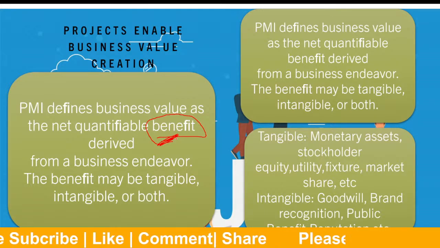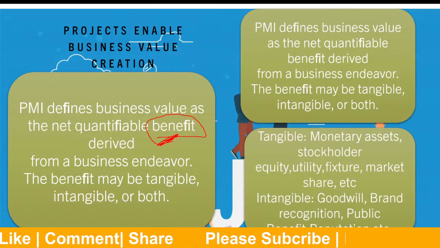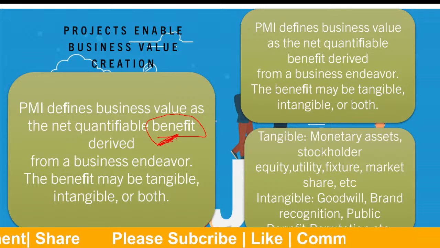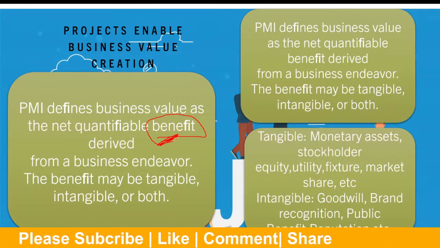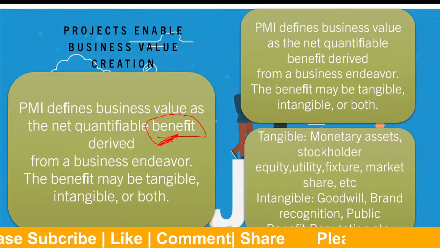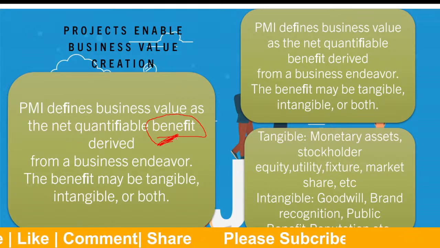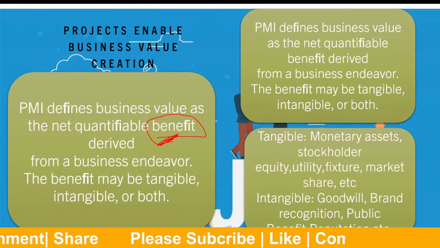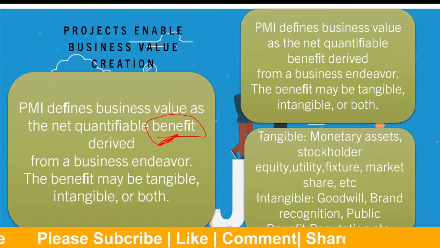That is why some companies have what we call goodwill. Some companies, because of the brand, can even get credit from the government. So you can start a project to derive such benefits.